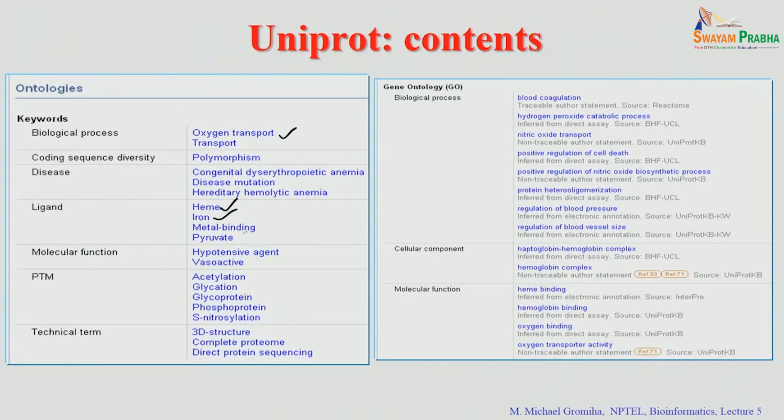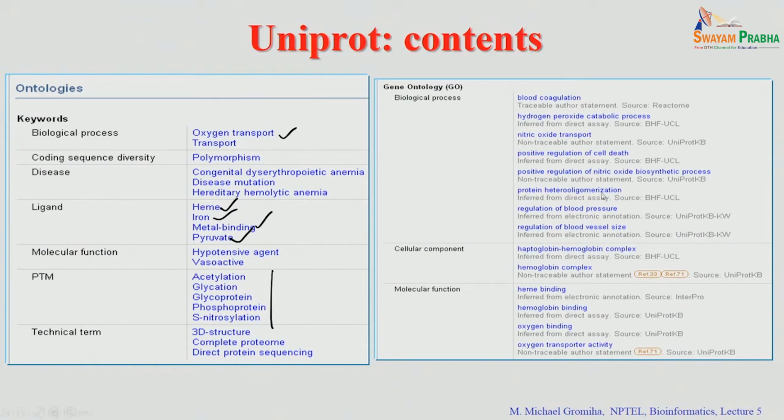Heme, iron, metals and pyruvate; these are the different ligands that bind with this protein. What are the functions, and what post-translational modifications occur in this particular protein? Various types of PTMs: acetylation, glycation, glycoprotein, phosphoprotein, S-nitrosylation.